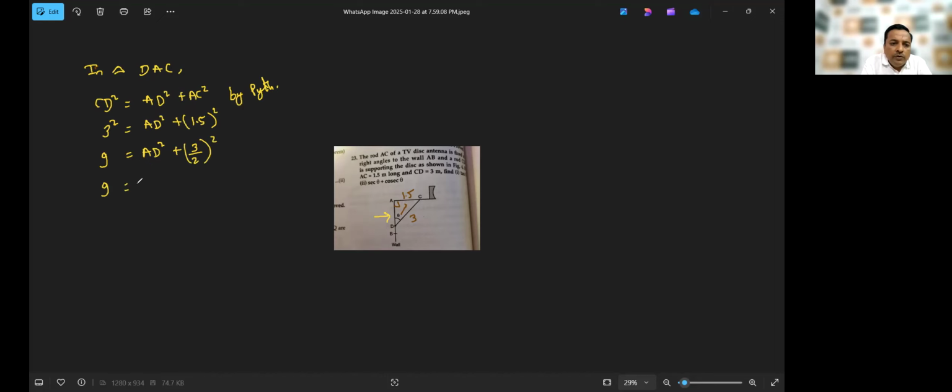So 9 is equal to AD² plus 9/4. शिफ्ट करते, 9 minus 9/4 is equal to AD². तो 4 गया यहाँ पे, 36 minus 9 upon 4, so this becomes 27/4.